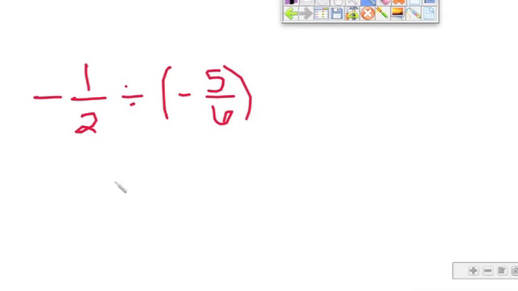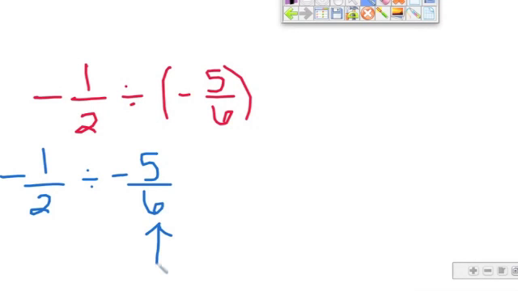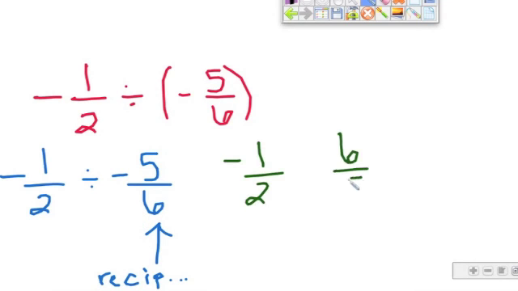You really don't need them. So I'm going to write it over here, negative 1/2 divided by negative 5/6. The reciprocal is always changed on the second one. I'm going to put recip. You need to flip that guy. In order to do this operation correctly, you always flip the second fraction. The first one stays. And I'm going to flip that second fraction upside down.